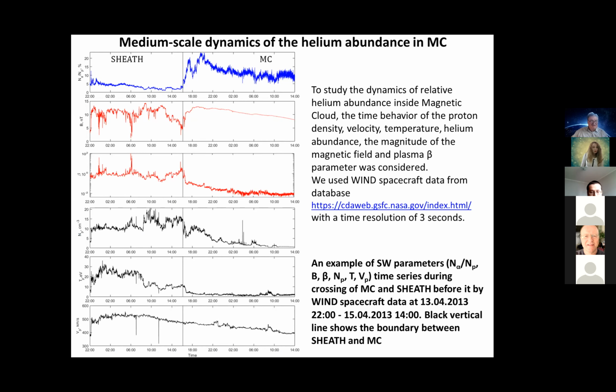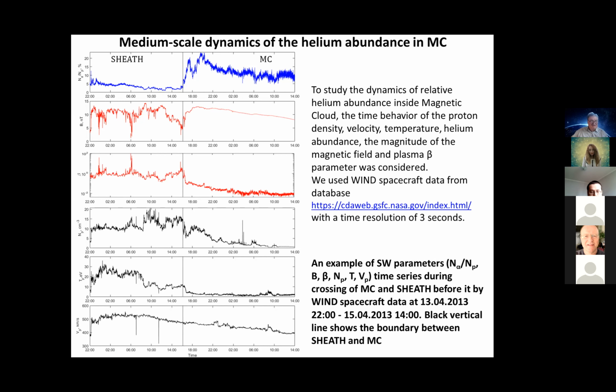This interval included a magnetic cloud and the sheath before it. The figure on the slide shows time series of the considered parameters: helium abundance, magnitude of magnetic field, plasma parameter beta, proton density, velocity, and temperature. The boundary of the magnetic cloud is clearly visible.